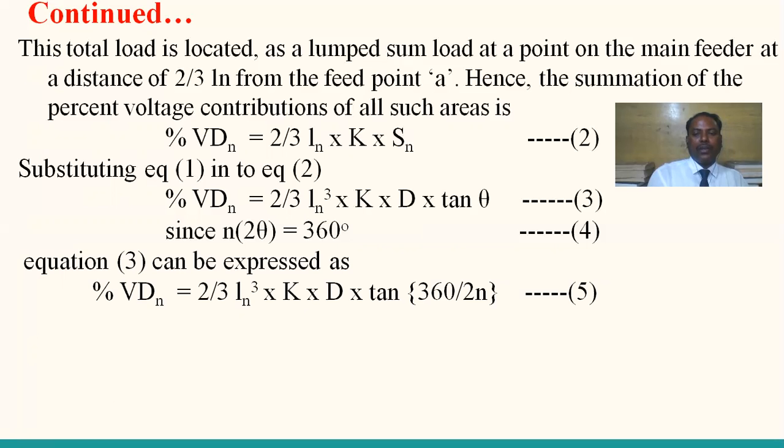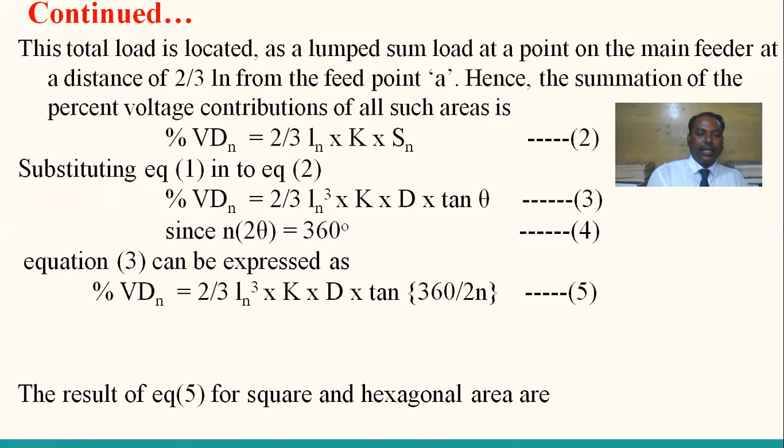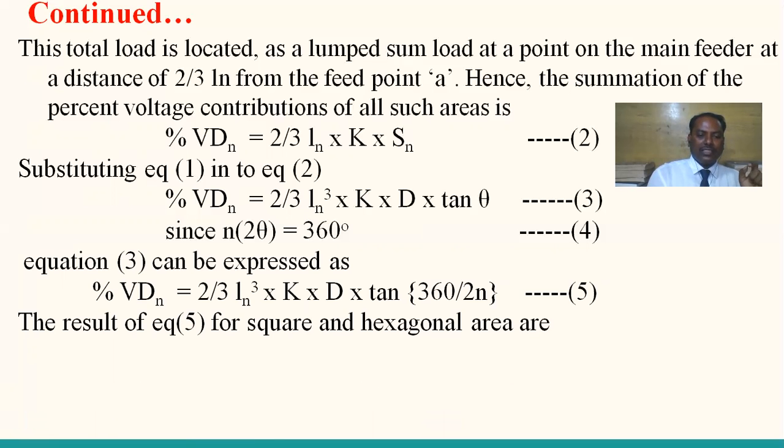This is equation number 5. So this is the voltage drop equation for n number of feeders. This can be validated for the square shaped area as well as the hexagonal shaped area. You can observe here, the result of equation 5 is validated for the square and hexagonal shaped area.